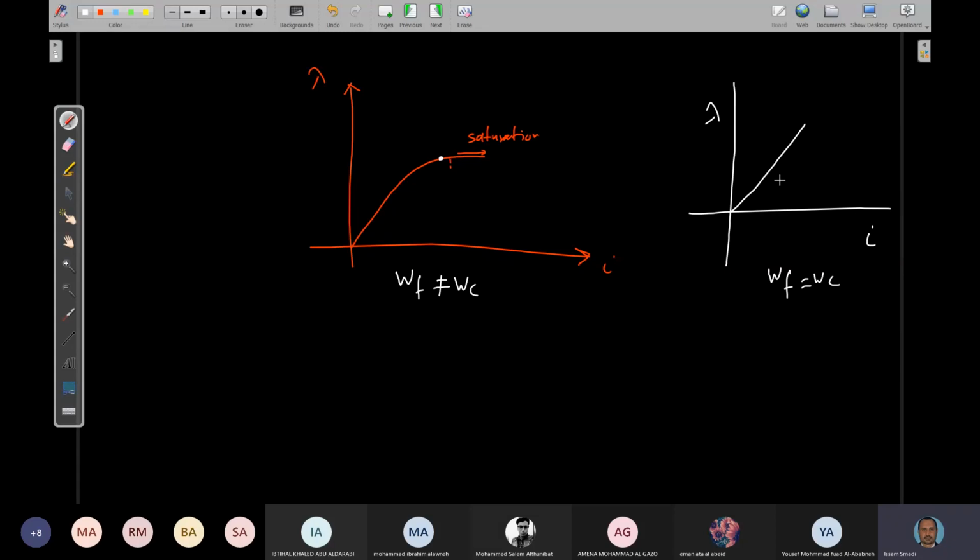Sometimes a linear motor has a nonlinear magnetic circuit, and sometimes for rotary motion, we can restrict ourselves to work in the linear magnetic circuit.